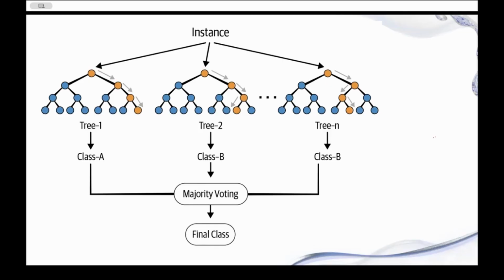What would the majority voting decide on? Just by looking at the example, what would the final class be? B, right? Why B? Because there are two B's and one A, so we go for the majority one. So this is an example of classification.